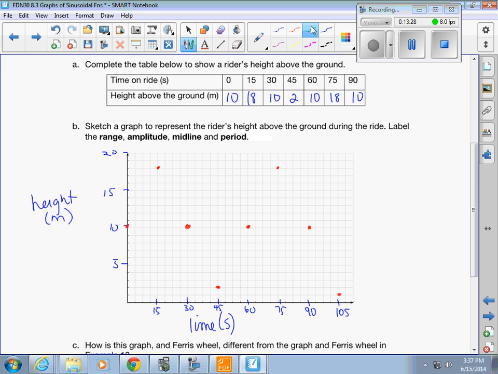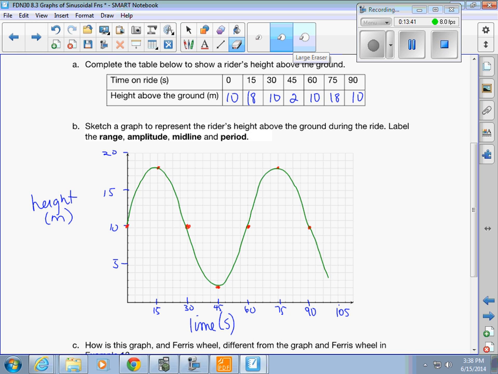So our sinusoidal function looks like that. Oh, I put that at 1 instead of 2. And it'll continue back up. Okay.